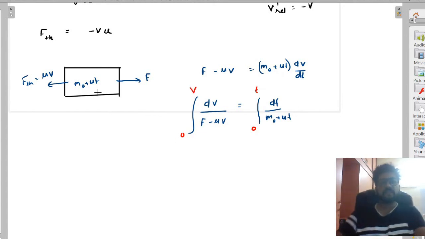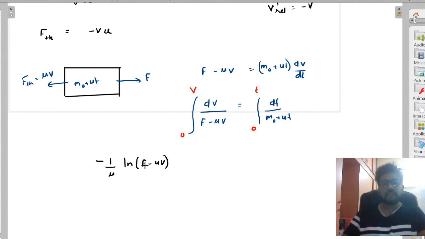From this, you will integrate and you will say that minus 1 by mu ln of F minus mu v, integrated from 0 to v, is equal to 1 by mu ln of m naught plus mu t, integrated from 0 to t.